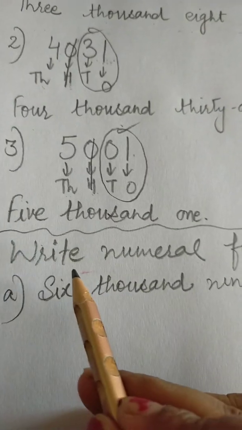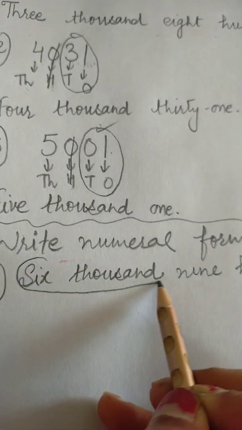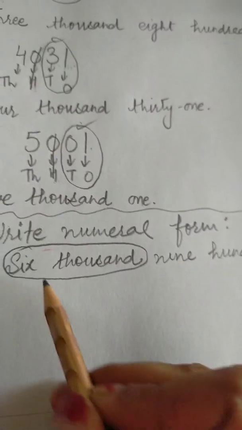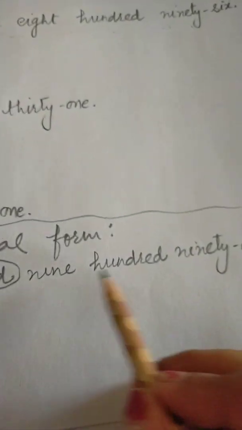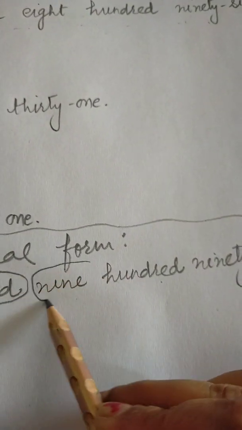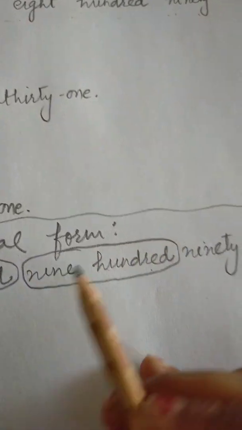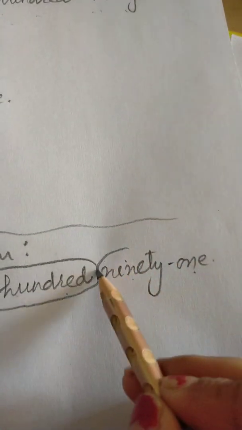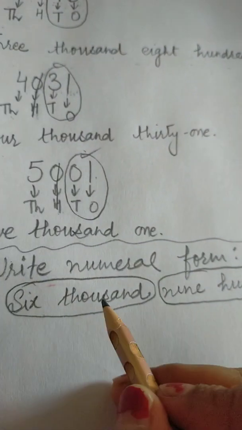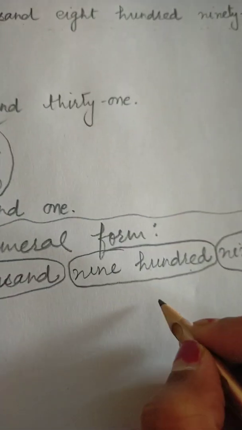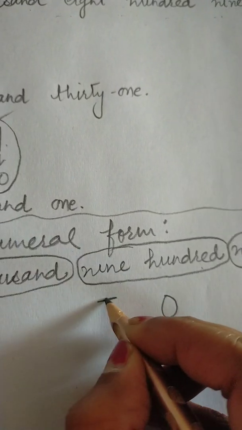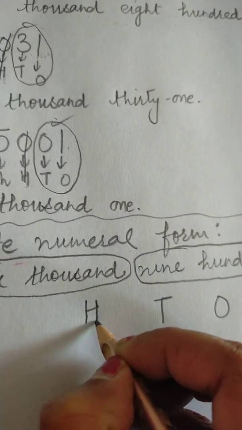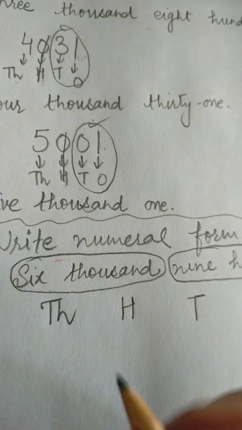So here 6000, 991. Now firstly we will write the places. Ones, tens, 100 and 1000.